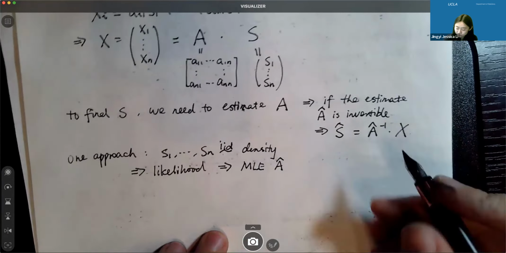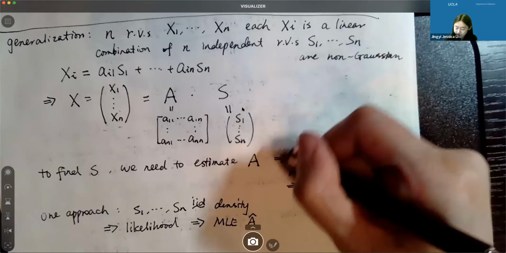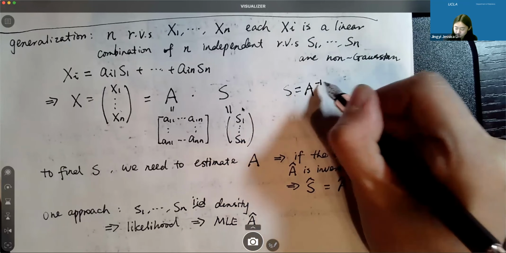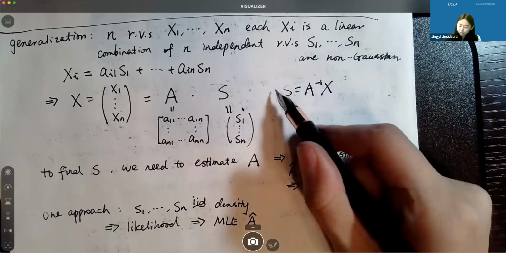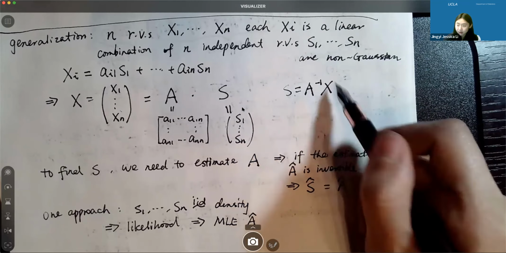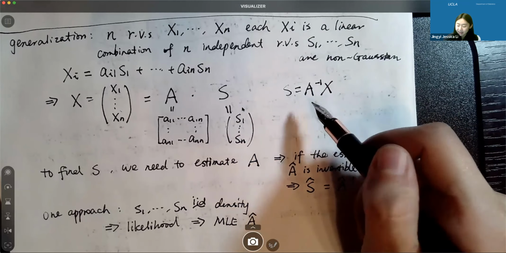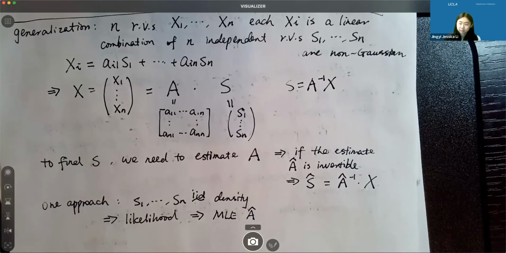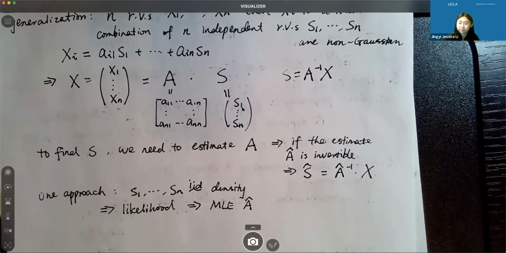If you assume A is invertible, you can write S as A inverse X. Then when you use the joint density of S to write the likelihood, what's in the likelihood will be the parameters in A and the X. Does that make sense?